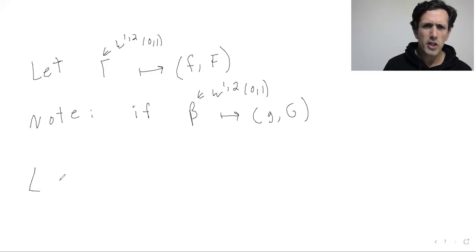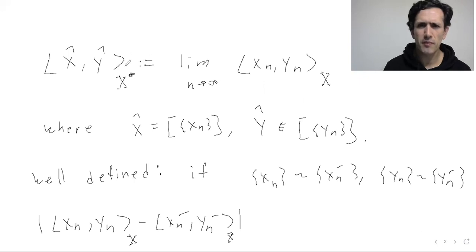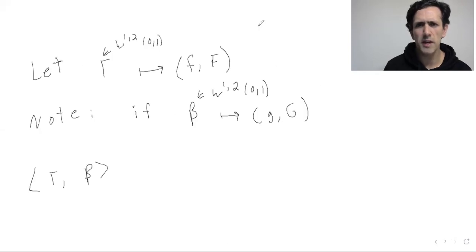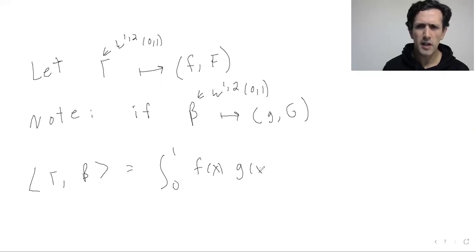So you can check using the definition that I wrote down at the very beginning, the definition of the inner product for a completion of an inner product space, that this will actually turn out to be exactly the integral from 0 to 1 of f of x, g of x. And again, everything is real valued here, so no bar.